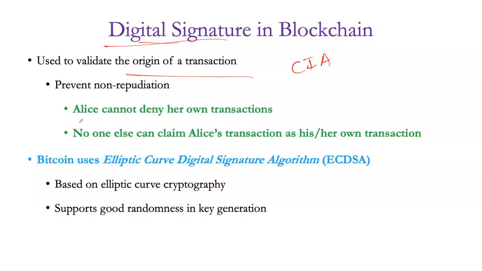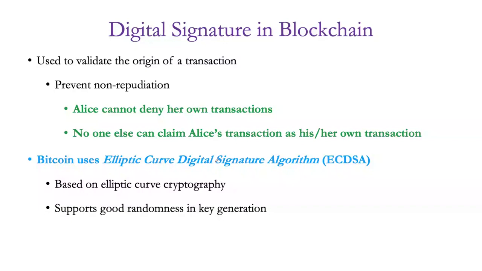Alice cannot deny her own transaction by saying it was not generated by her and she is not responsible, because that message is signed with Alice's private key only. No one else can claim Alice's transaction as their own.